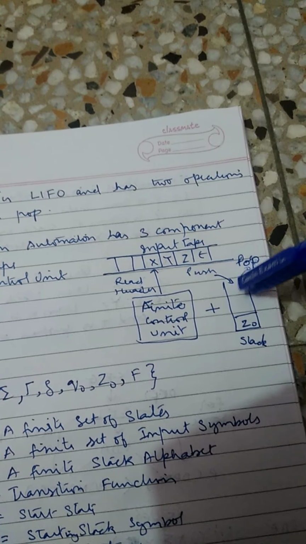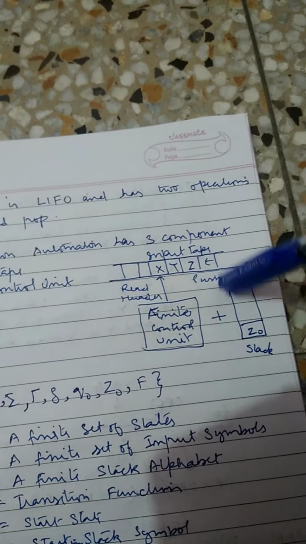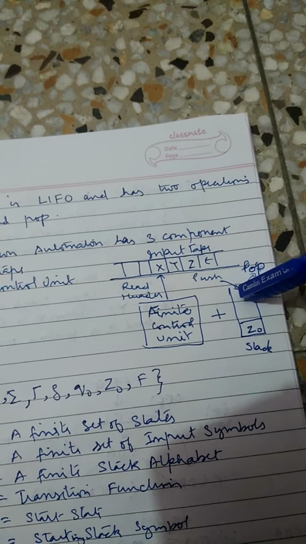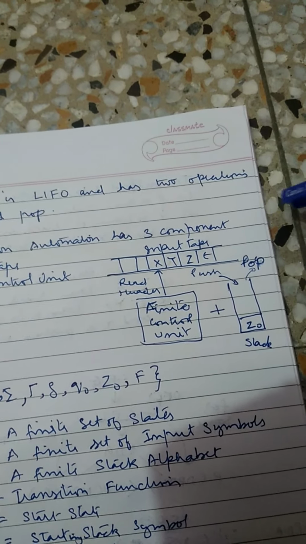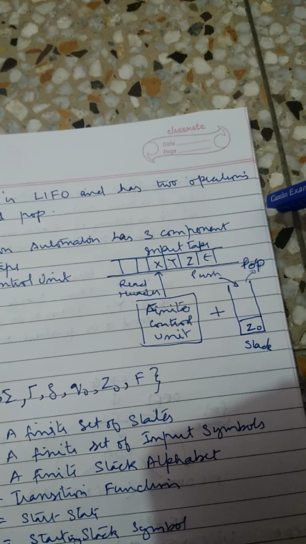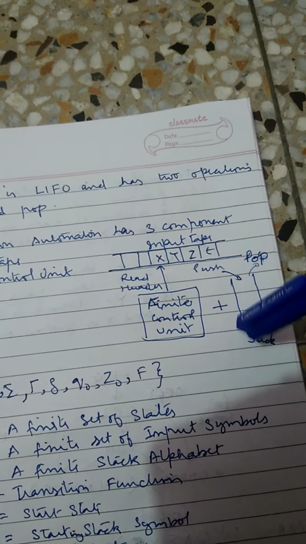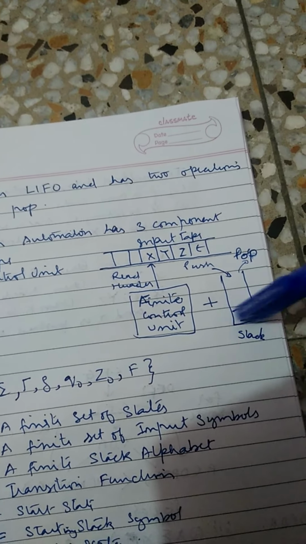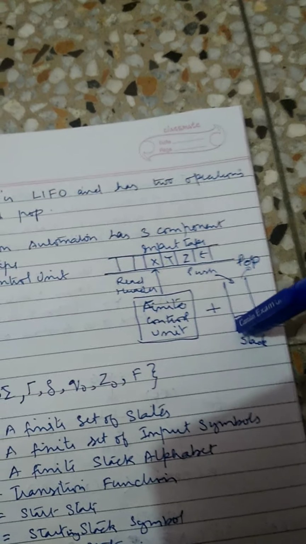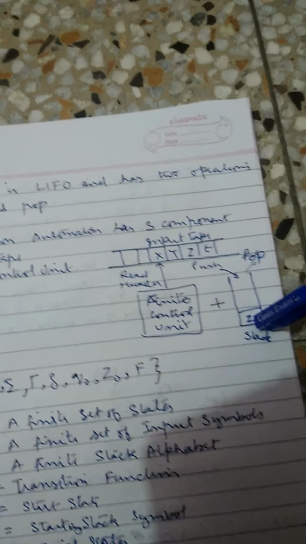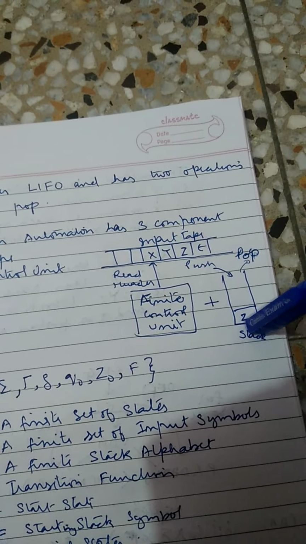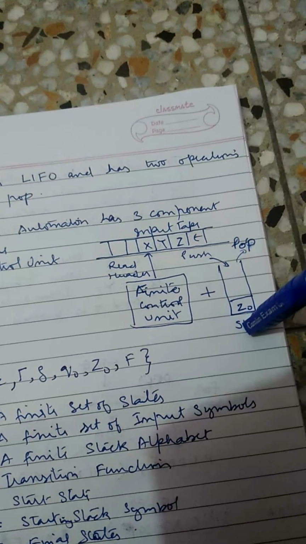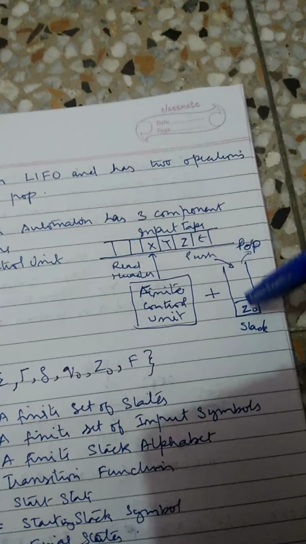Here we consider the stack to be of infinite size, so the overflow condition is not checked. To check the underflow condition, we put one element here called Z0. If we see the Z0 element in the stack, we know there are no other elements and the stack is empty. So Z0 is a special symbol in the stack.